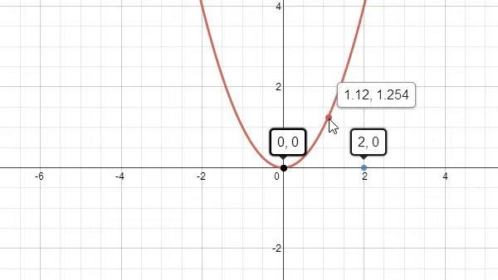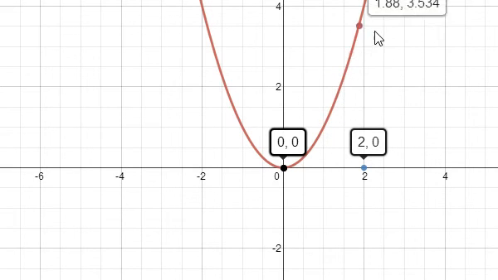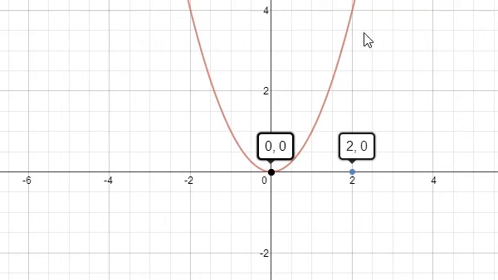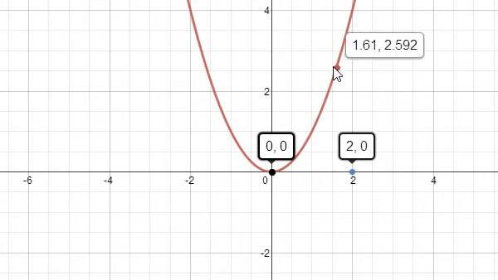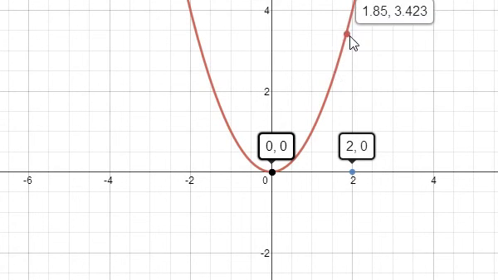As you can see, if we look at the distance between (1, 1) and (2, 0), that distance is less than, in an extreme case, up here at (2, 4).